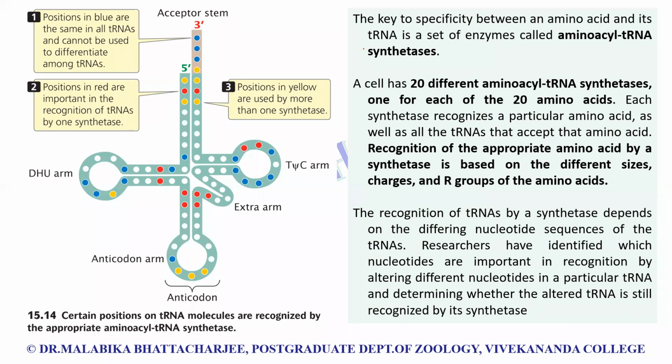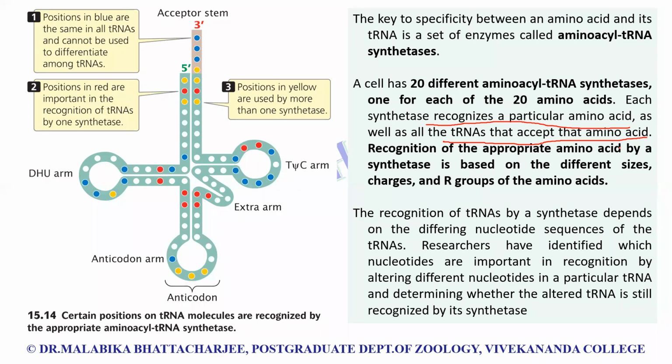The enzyme first binds with the amino acid. The first step is the adenylation. Once that is done, step 2 is that it binds with the tRNA and then accordingly charges the tRNA with the amino acid. So the main important part for that enzyme is to recognize a particular amino acid as well as a tRNA that accepts that amino acid.